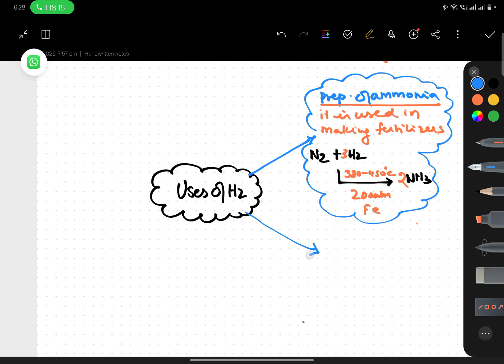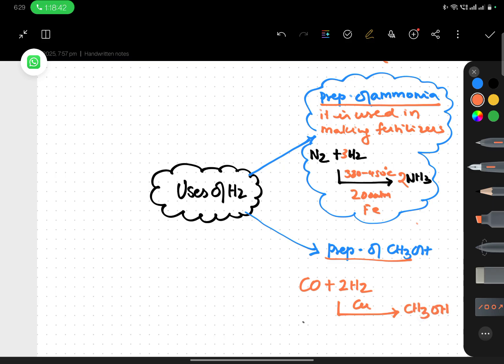Another application: it is used in preparation of methanol. So how is it used in the preparation of methanol? CO plus 2H2 gives you, in presence of copper, methanol. So what is this molecule called?